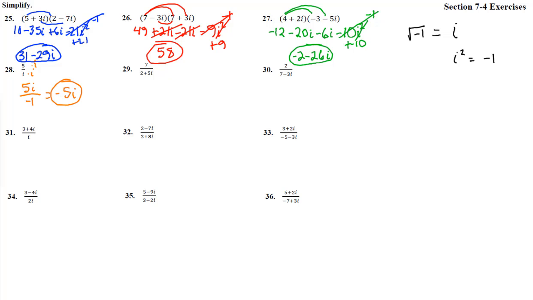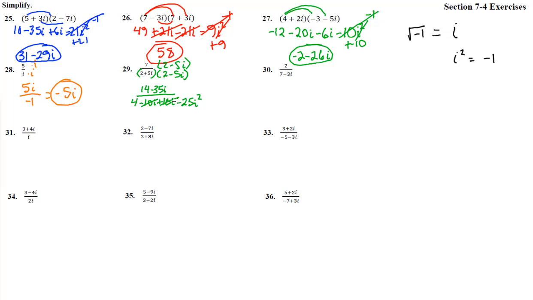All right, number 29. Without the i being by itself, we have to multiply by the conjugate, 2 minus 5i. So we get 7 times 2, that's 14 minus 35i over, now the bottom, this is where the fun happens. 2 times 2 is 4, and then we get minus 10i plus 10i. That's where the magic of the conjugates happens. And then minus 25i squared.